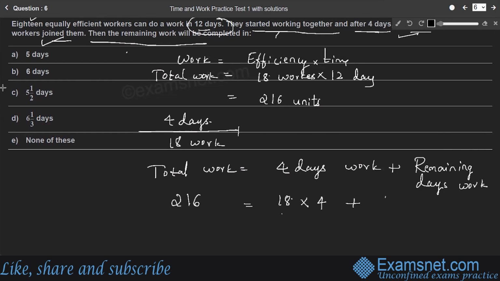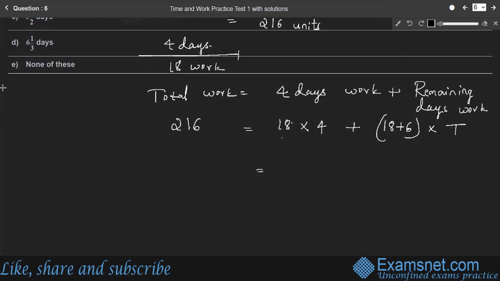To the remaining work, 6 more efficient workers will join: 18 plus 6 workers into the remaining days, let it be T. So 216 is equal to 18 into 4, 72, plus 18 plus 6, which is 24, into T.